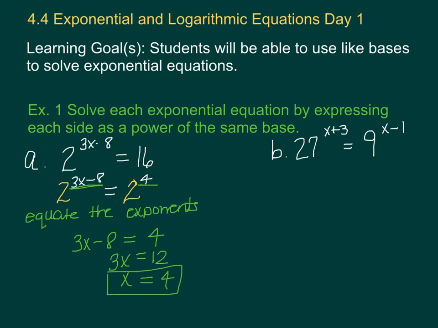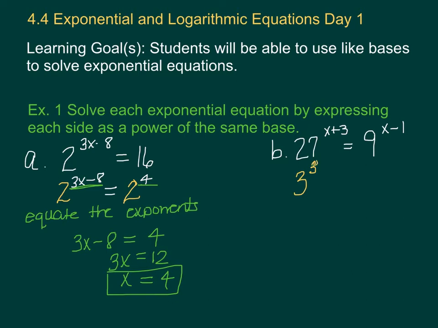And then in example B, sometimes you have to make both bases the same. So I know that 3 can go into 27 and 9, which are both powers of 3. So 27 is 3 to the third.